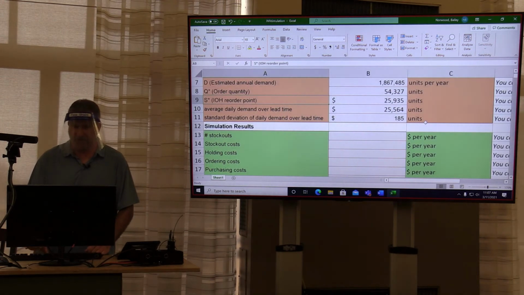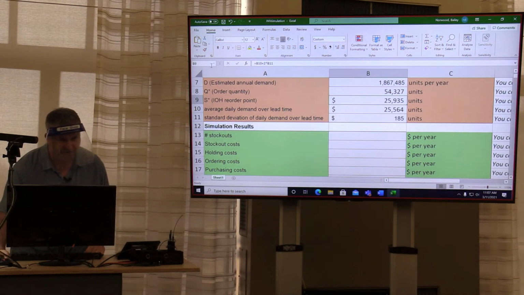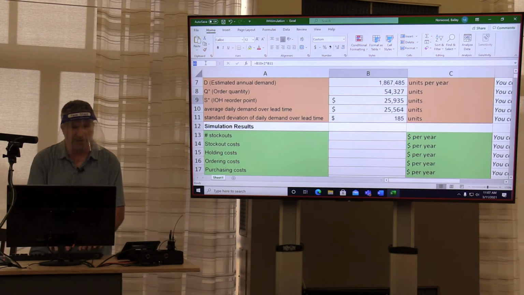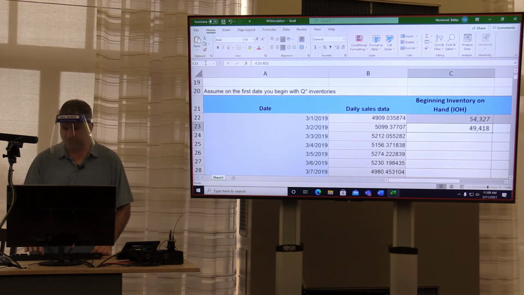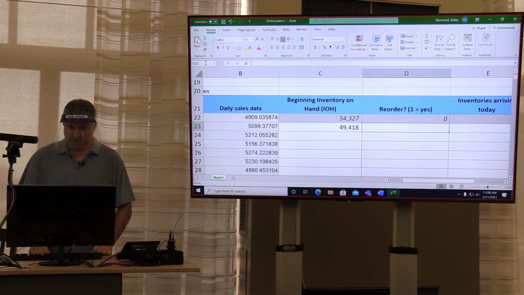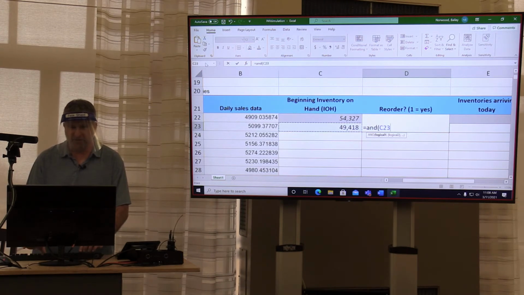First we have this S star that says we order whenever inventory on hand is 25,935 units. I'm going to give that a variable name of S star. And we'll do, do we reorder? Well, we know that we're going to reorder when two things are true: when inventory on hand today is less than S star, but inventory on hand yesterday was above S star.